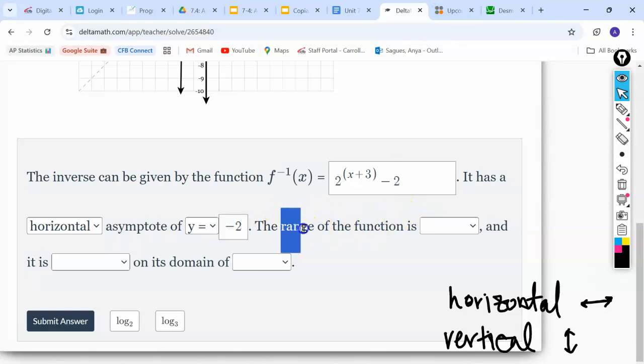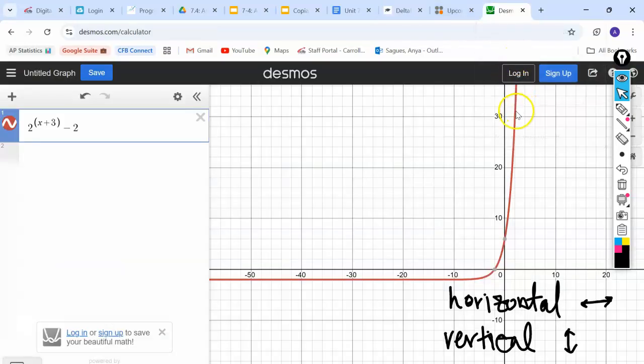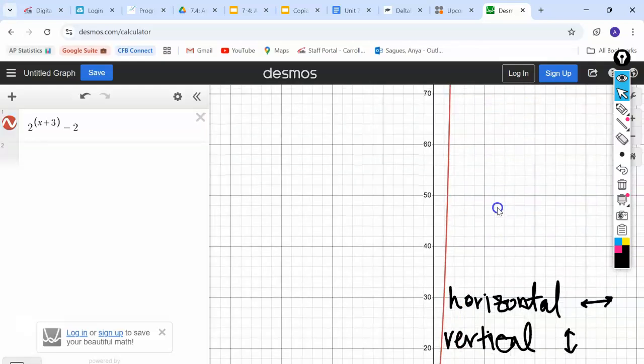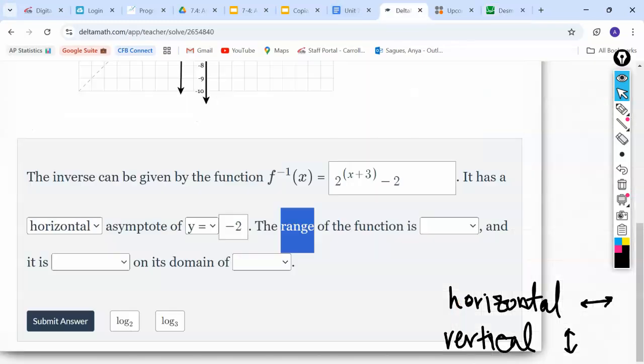The range is associated with my y values, how far up and down it goes. So again, I'm just clicking a point on here and dragging. I see that the lowest the y goes, it doesn't go past -2. So my lower value is -2. The highest it goes, it doesn't look like it's going to stop. So it would go up forever to infinity.